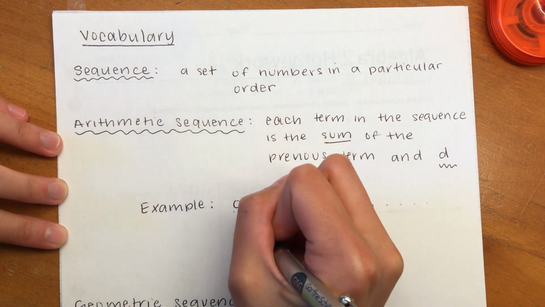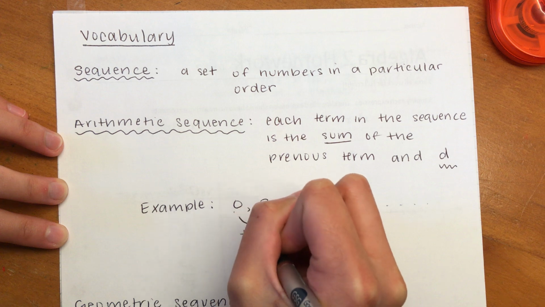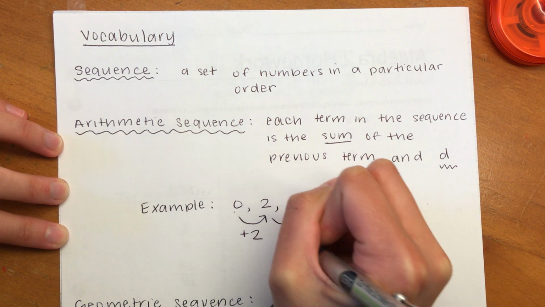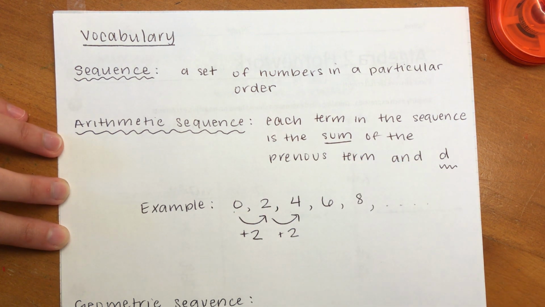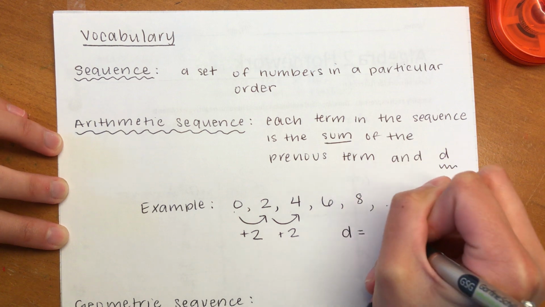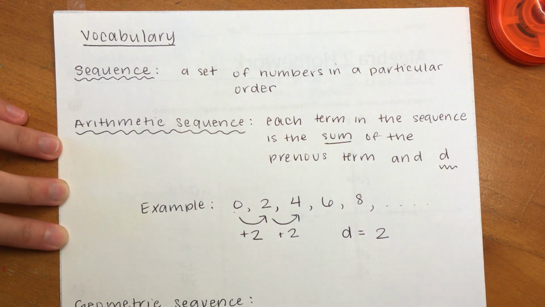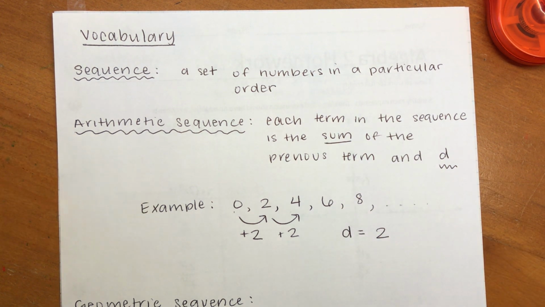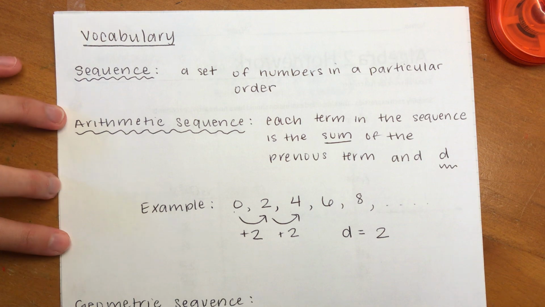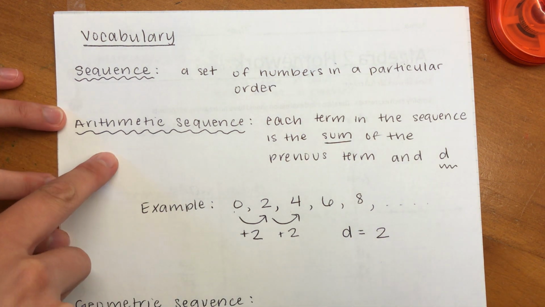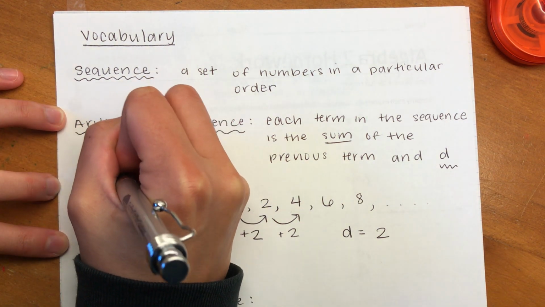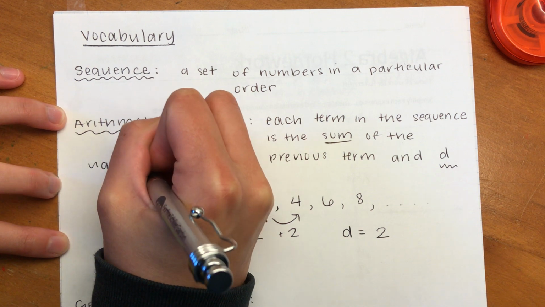In this case, I'm saying plus 2 each time, right? So that would mean my D value is 2. D is whatever number we are adding each time in an arithmetic sequence. The key thing here is every time it's arithmetic, we're going to be adding or subtracting.